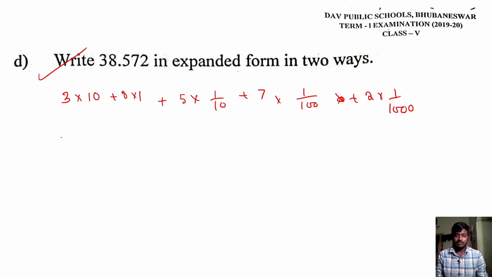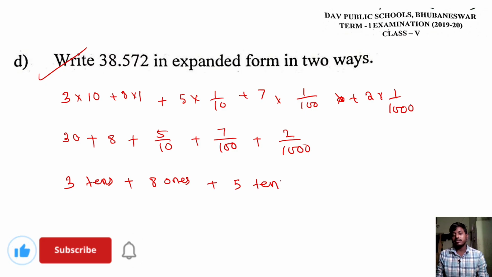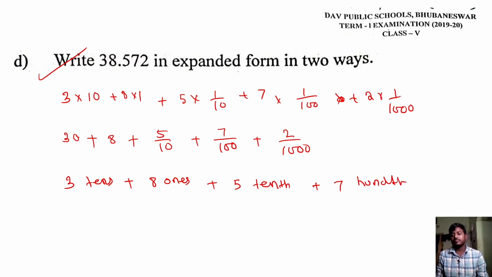Or you can write 30 plus 8 plus 5 by 10 plus 7 by 100 plus 2 by 1000. Or you can write 3 tens plus 8 ones plus 5 tenths plus 7 hundredths plus 2 thousandths.